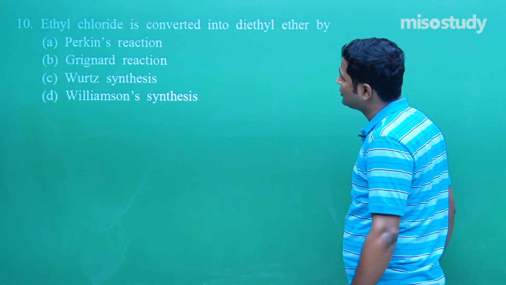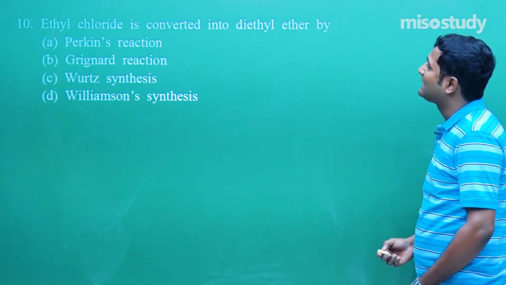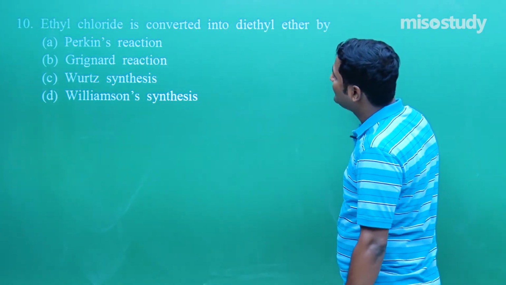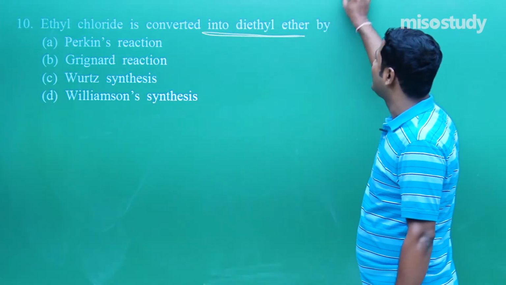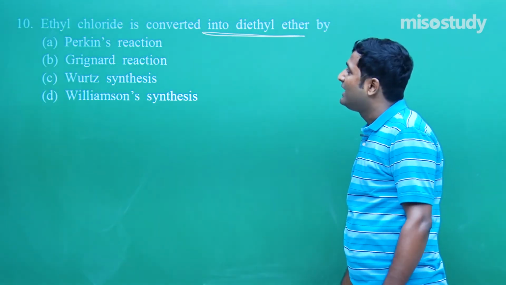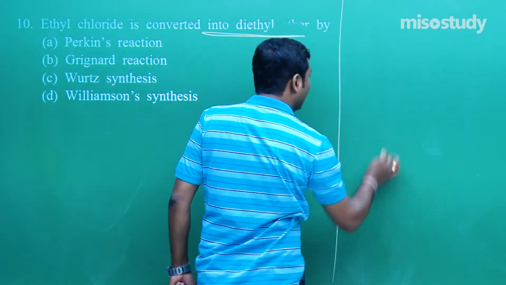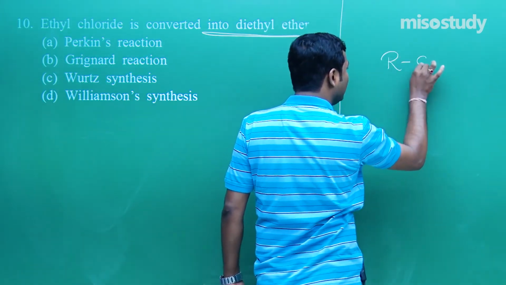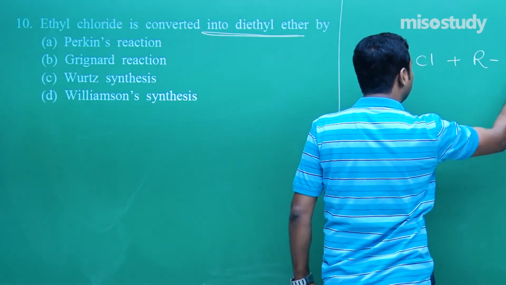What is the next question? Ethyl chloride is converted into diethyl ether. This is one of the simplest questions, completely theory based. Ethyl chloride, that is RCl and RO minus.